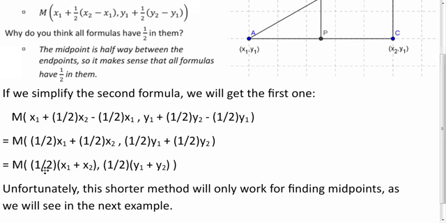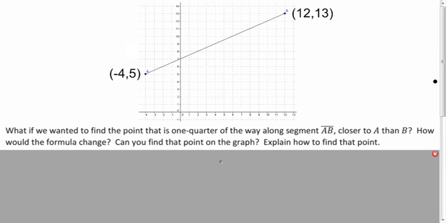Now, it seems like this formula is a lot simpler than this longer one. And while it's true, we can't use the same idea if we're not looking at midpoints. If we're trying to split segments not into two congruent pieces, we really can't use this method. And so we're going to see that here.